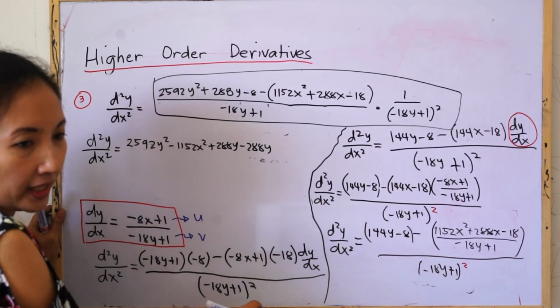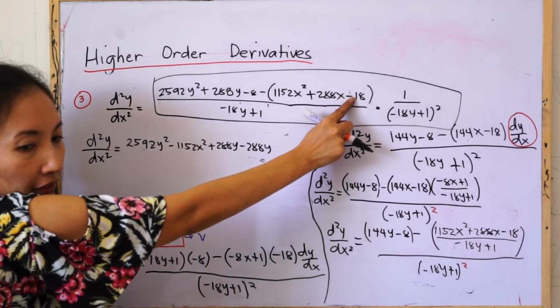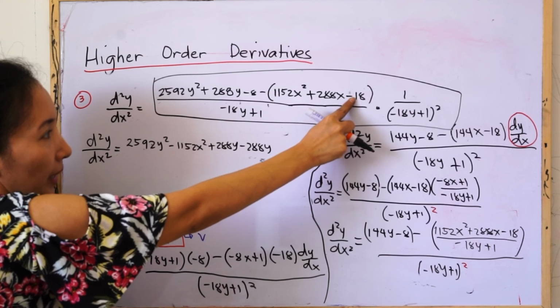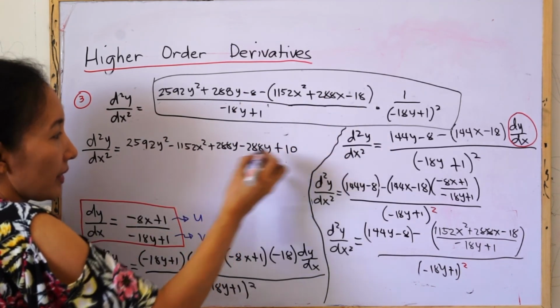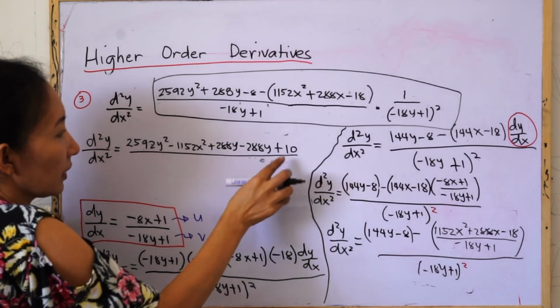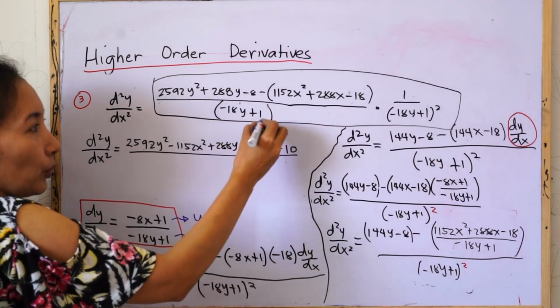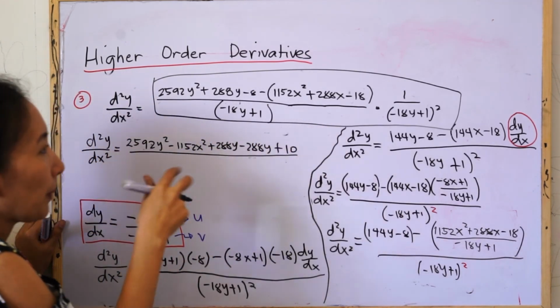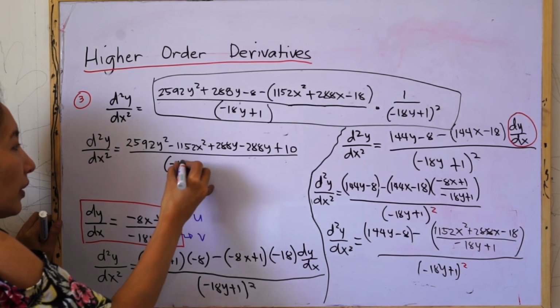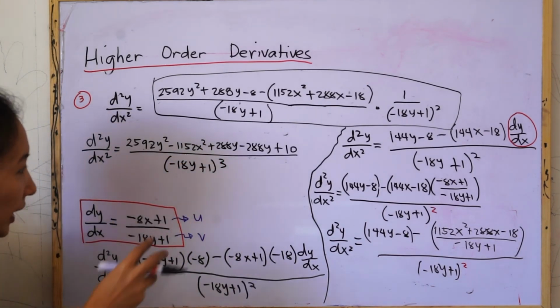Is it plus 10? Look at this: negative of negative 18 is plus 18, minus 8 is 10. Correct? Plus 10, all over, multiply this with this. What happens with the exponent? The power will now be negative 18y plus 1 to the third power.